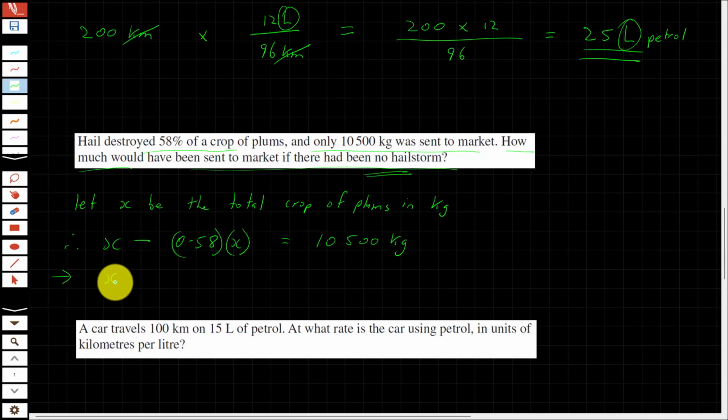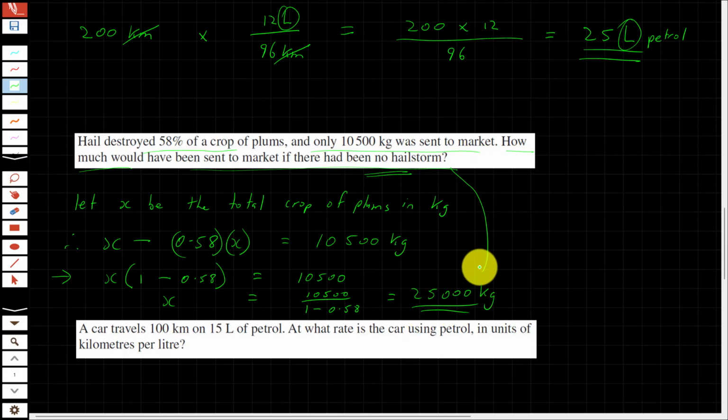So because we have one unknown, X, we can simplify this and solve for the total crop of plums in kgs. We can take 0.58 to the right hand side by dividing through by it. We do the math and we get 25,000 kgs. If there'd been no hailstorm, that's the total amount.